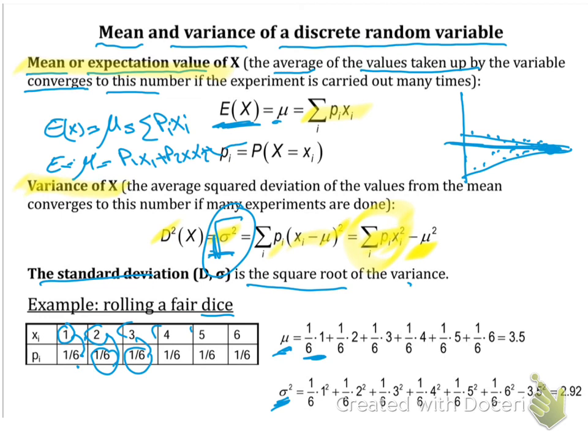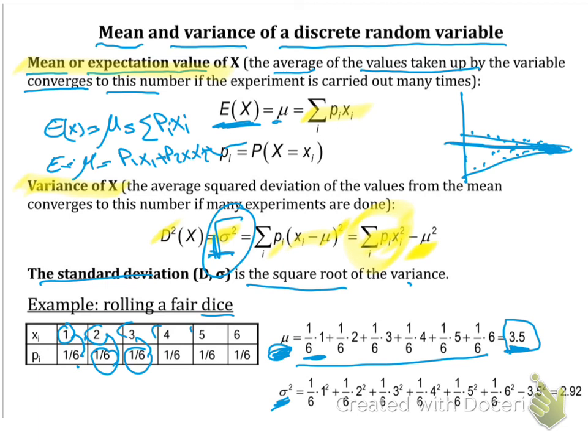We add all of them up and we get the total, the mean or the expected value, which is 3.5. As you know, the dice doesn't have 3.5 on its faces, only 1, 2, 3, 4, 5, and 6, all whole numbers. But for the mean, there is no issue at all to have a decimal or fraction.